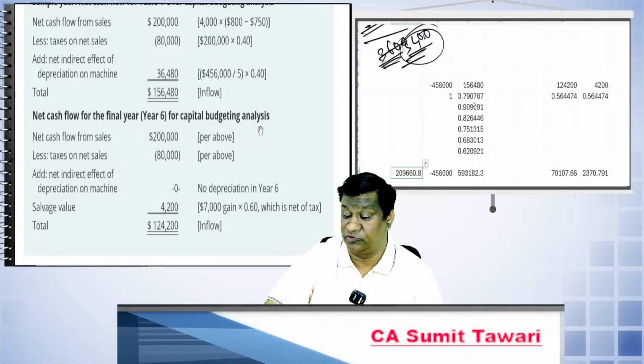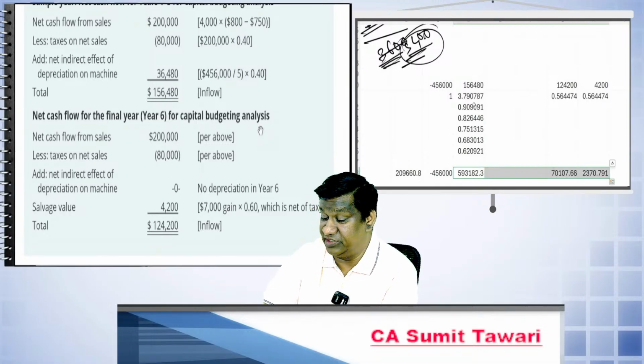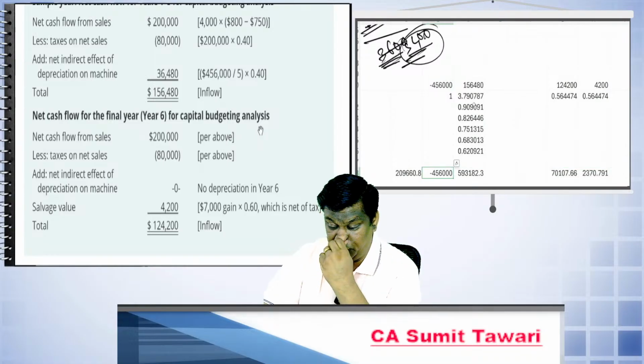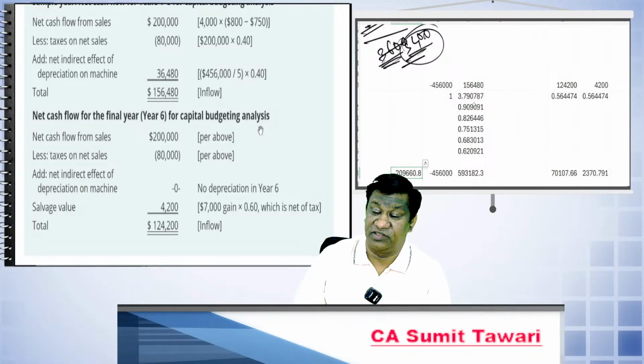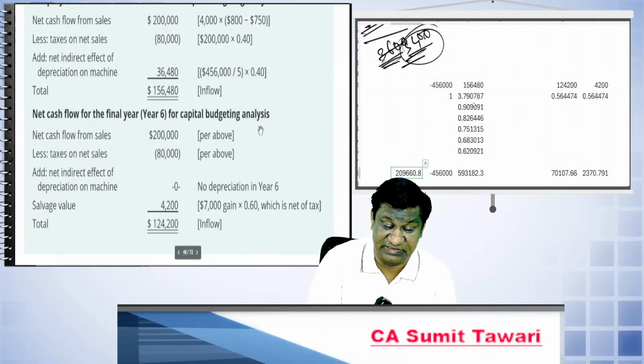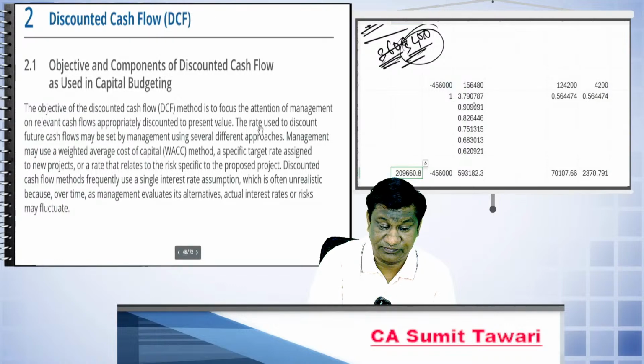If it is positive, it means you are able to recover a higher amount than your investment. You are able to recover 6.65 against the investment of 4.56. That means you can take this project. You are able to earn a minimum of 10%, and above that 209,660. So that is basically the discounted cash flow.